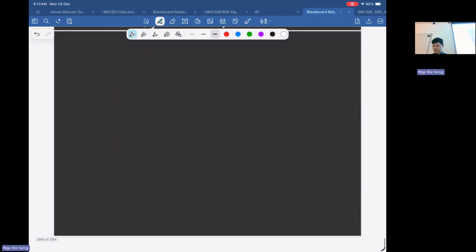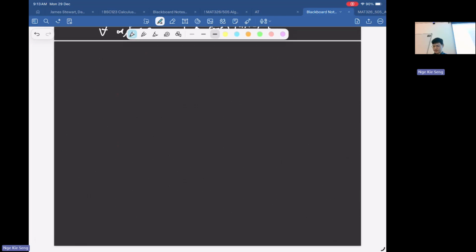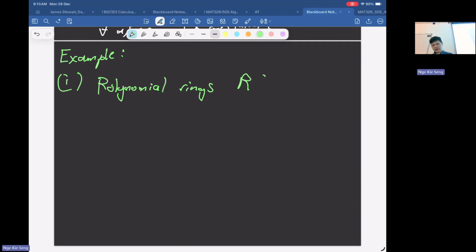Okay, so what are the examples of graded rings? Let's give some examples here. In algebraic geometry, we already saw the polynomial ring, or rather maybe just A^1. The polynomial ring R adjoin x is graded, right?